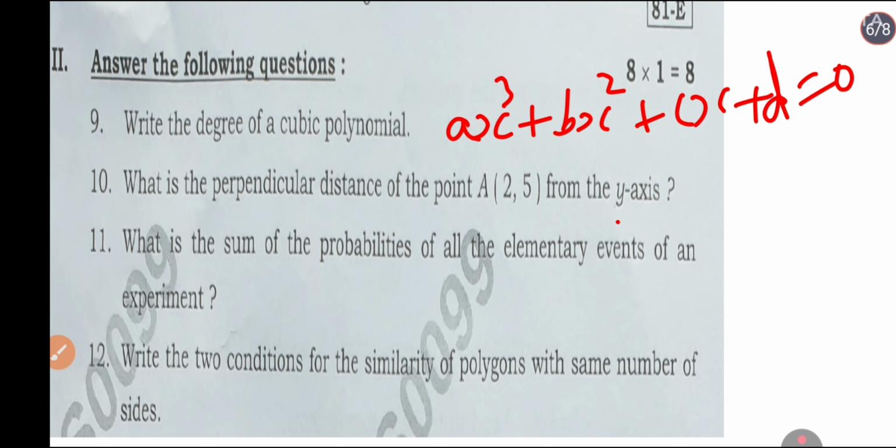Write the two conditions for the similarity of polygons with the same number of sides. If the polygons have the same number of sides, triangle and triangle, or square and square, then what will be the similarity condition? First condition is their corresponding angles are equal.